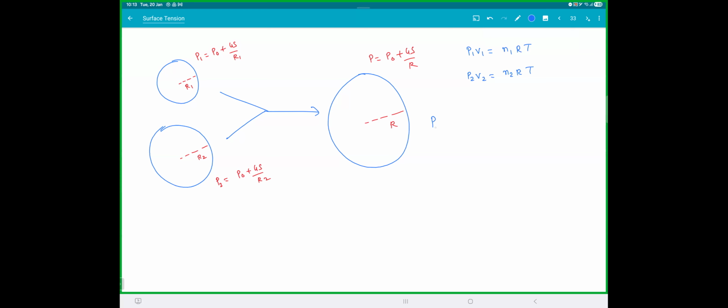So the final P final V final must be equal to N1 plus N2 times RT. The number of moles will remain constant when you combine two gases. This would be P1 V1 plus P2 V2. So what is P final?